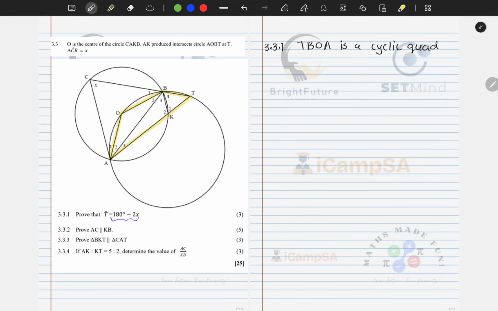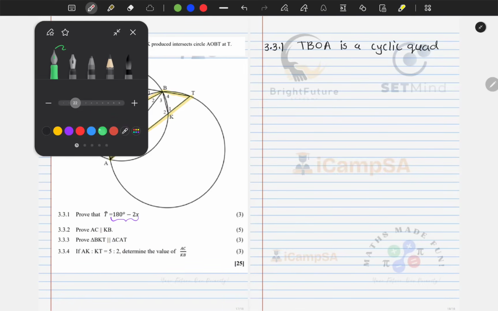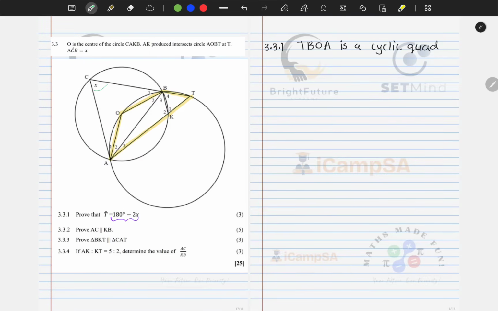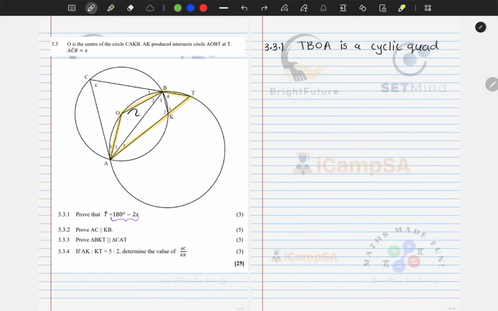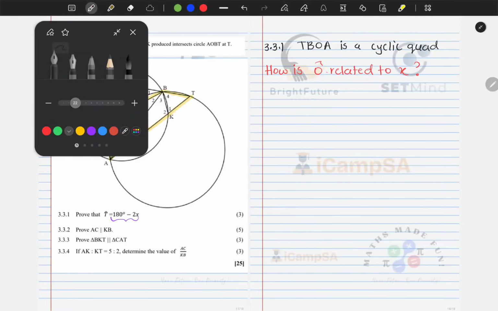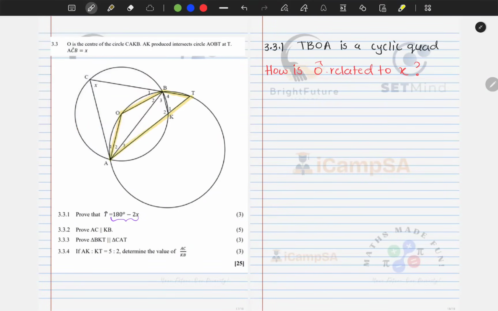Okay, so we're looking for angle T. When we look at angle T, we can't directly relate it to x, but we know that angle O is related to angle x. The question we need to ask ourselves is, how is angle O related to angle C, which is equal to angle x?